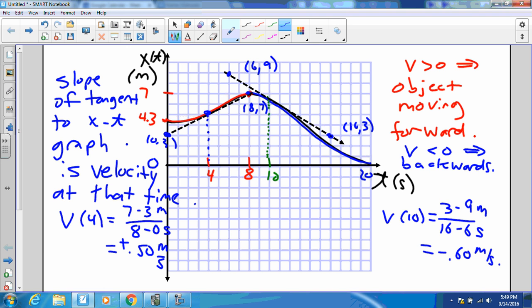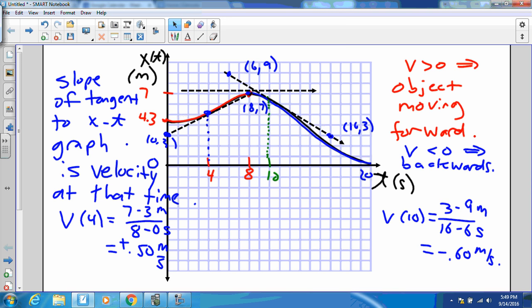Now there's one special point on our velocity graph, and you may have already thought about this, but right here, where the red portion of the graph and the blue portion of the graph meet, right at that point the object stops moving forward and starts moving backwards. And to do that, the velocity has to become 0.